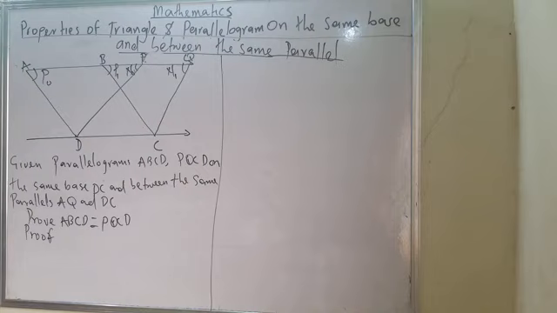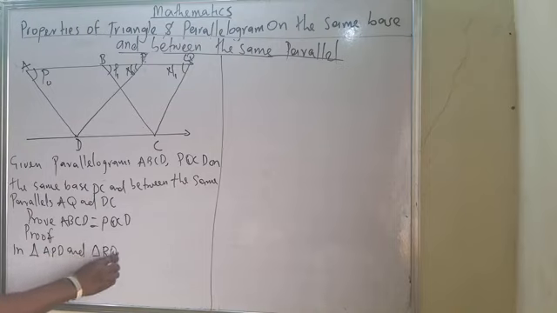Now, don't forget that in triangle A, B, D and triangle R, Q, C, what is there is that P naught equals P1, and N naught equals N1, which is from here.